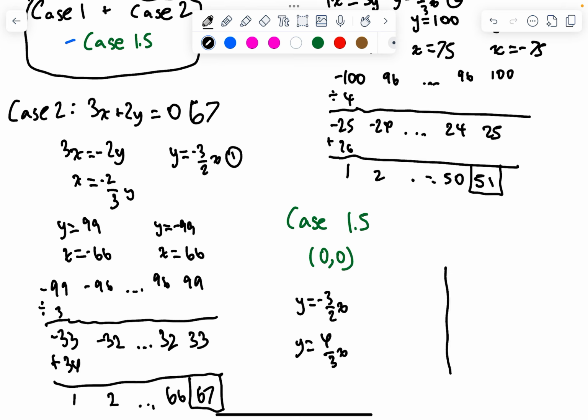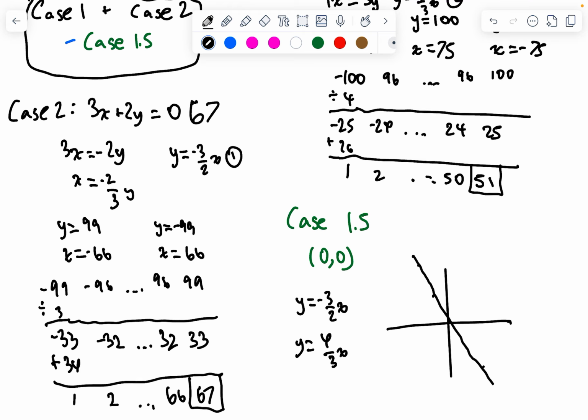Now imagine for a second that you graph this expression. Let's graph y = -3/2 x. It would go through (0, 0), and at negative 2 it would be 3. At negative 4 it would be 6. At 2 it would be negative 3. And at 4 it would be negative 6. So it's like a line right here.